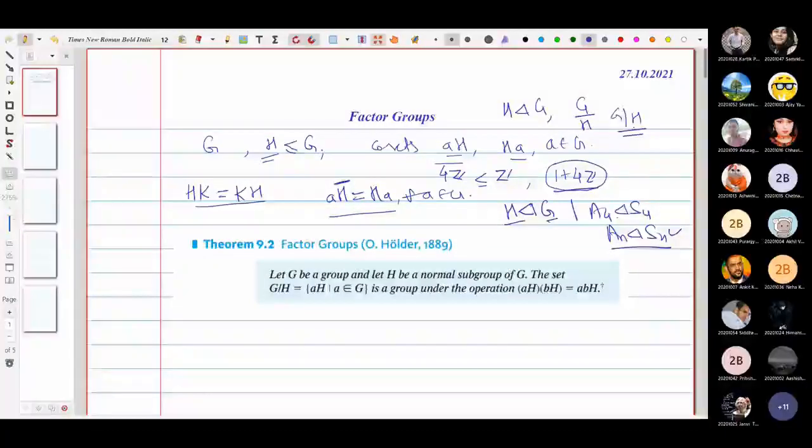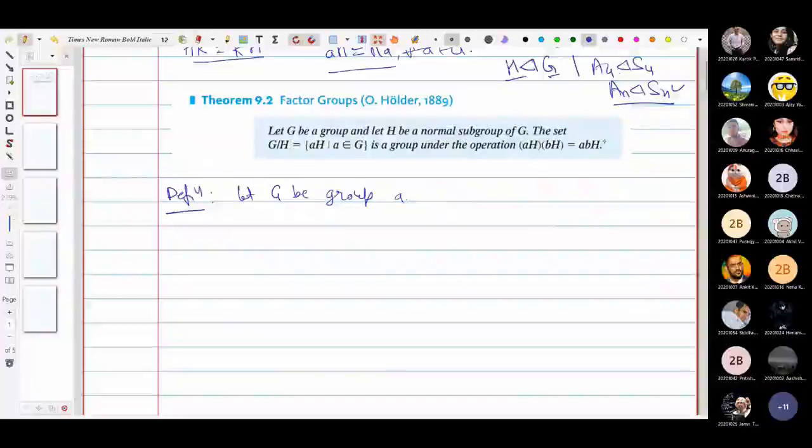Let G be a group, and H be any subgroup which is normal in G. Then the factor group, or, because we are going to prove this is a factor group, sometimes we may not write it as a factor group initially, is defined and denoted by G by H, and this is a collection of all those elements of the form AH, that is, cosets, where H is normal in G, such that A belongs to G.